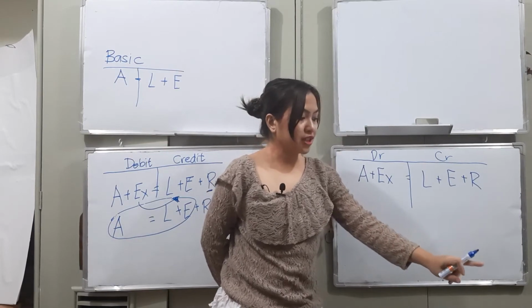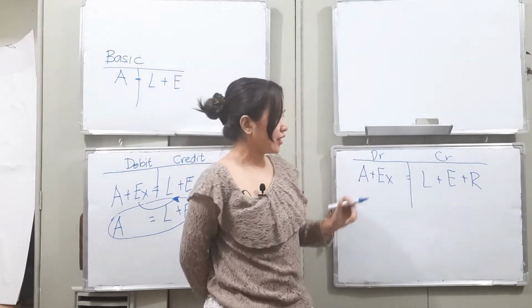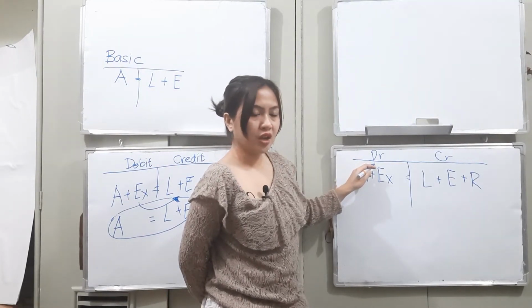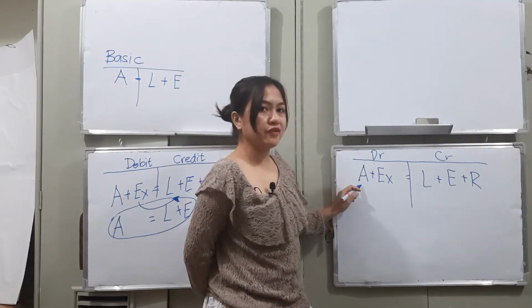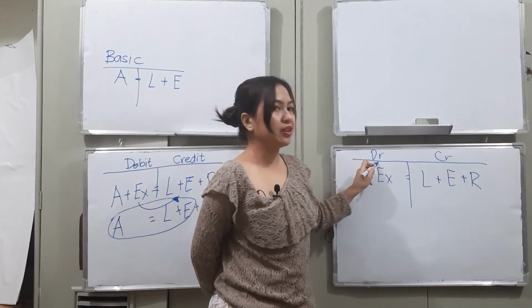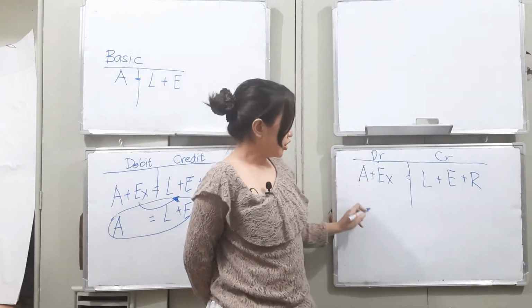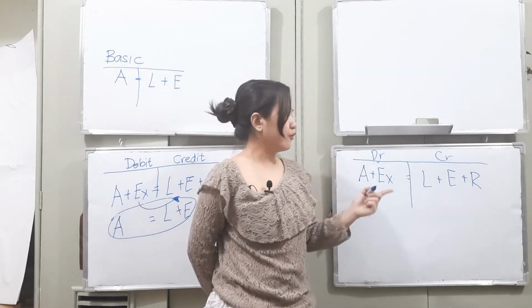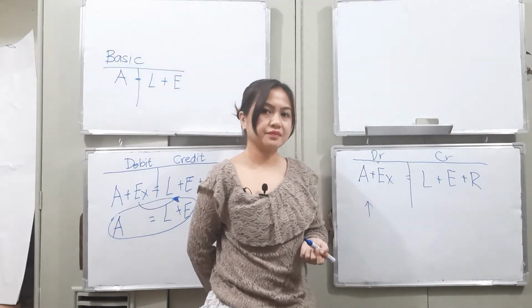So if the receivable account was debited, and you already know that notes receivable is an asset, and you debited it, what would happen? It will increase, because you followed the normal balance.